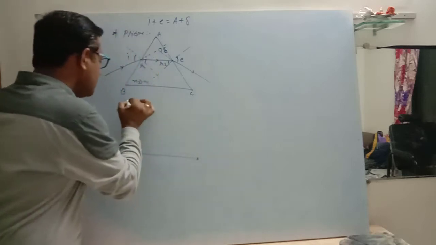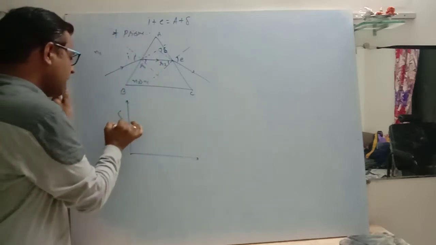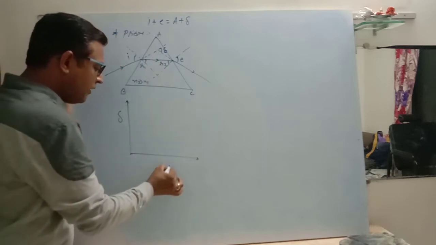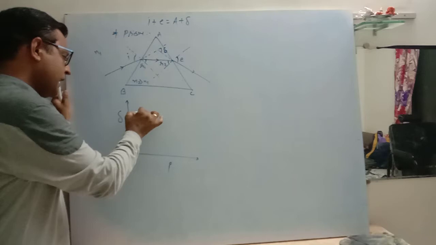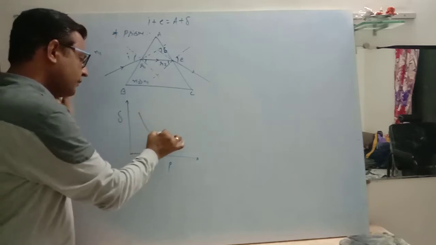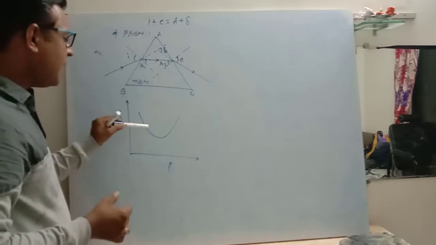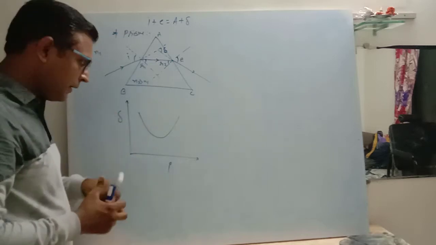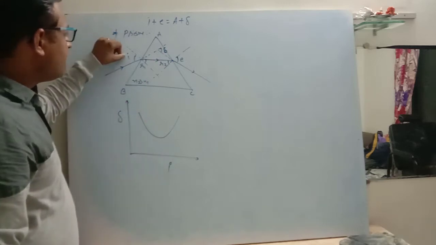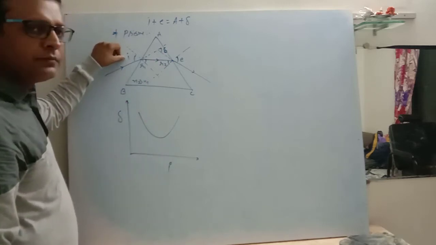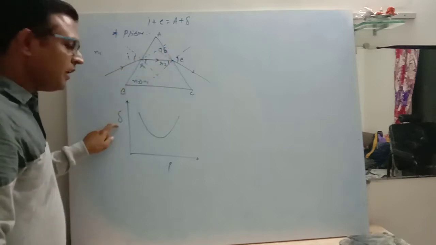And if we do the practical related to that and draw the graph of deviation angle versus angle of incidence, we can get a graph like this. This experiment is also in the syllabus. When we choose different values of angle of incidence, we get different values of deviation angle.